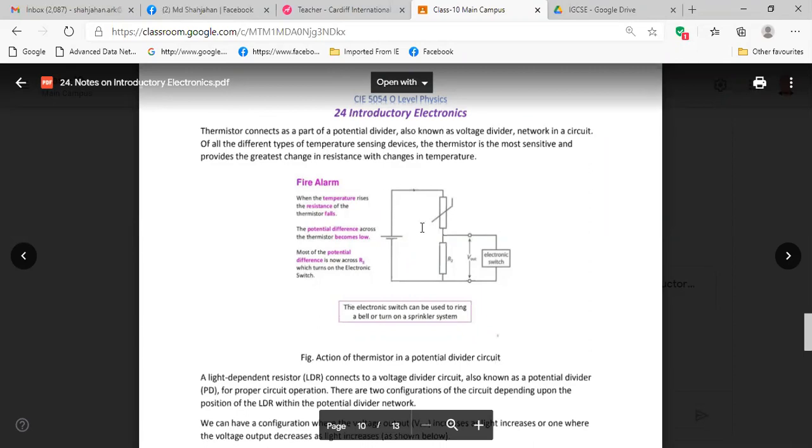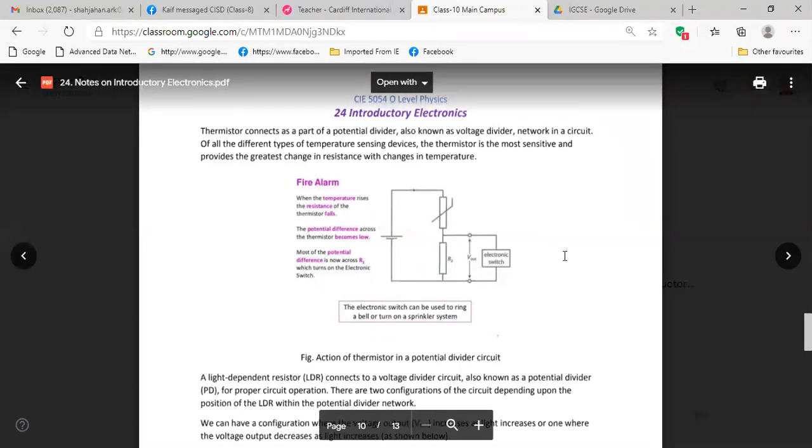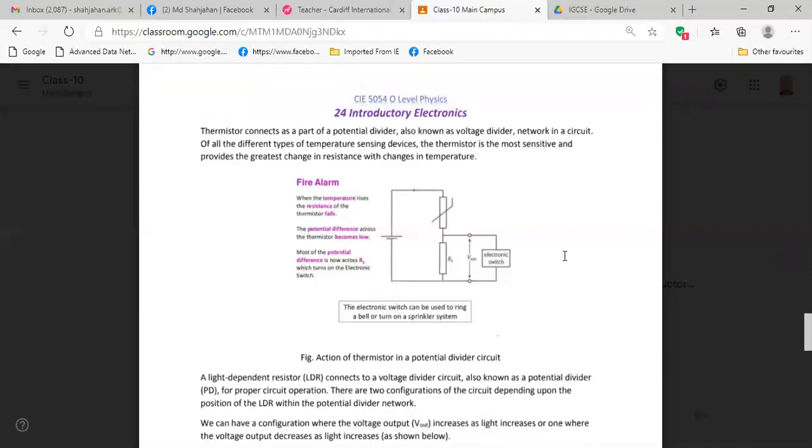Then draw this diagram and write these 3 steps. Here, how the fire alarm is working. The fire alarm is one electronic device, and we are making it using the potential divider circuit, where we are using the thermistor.